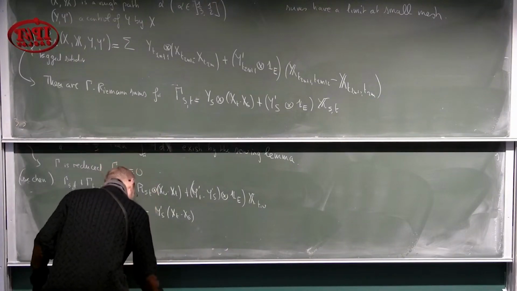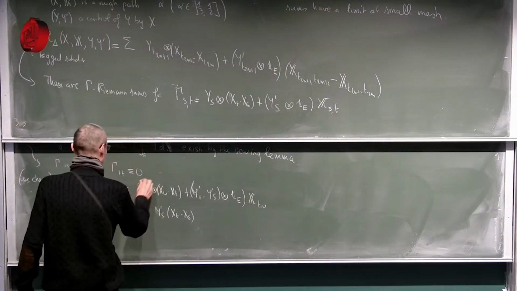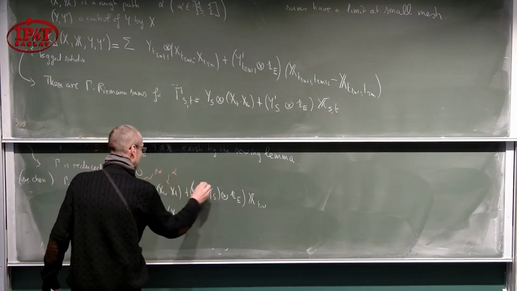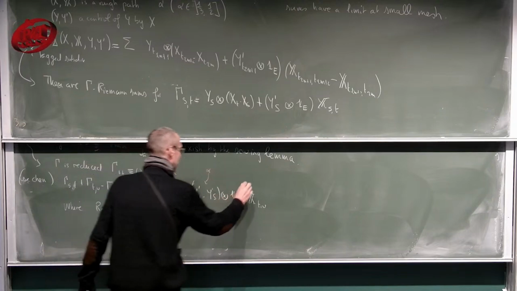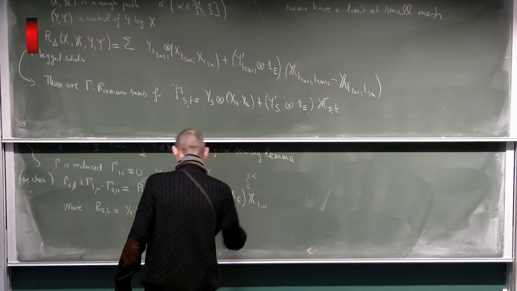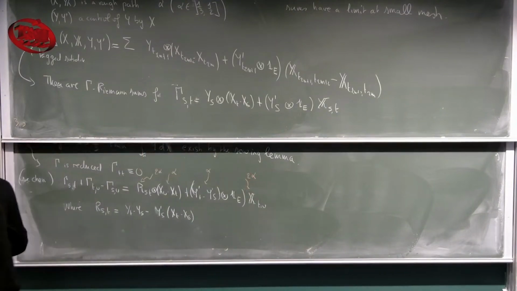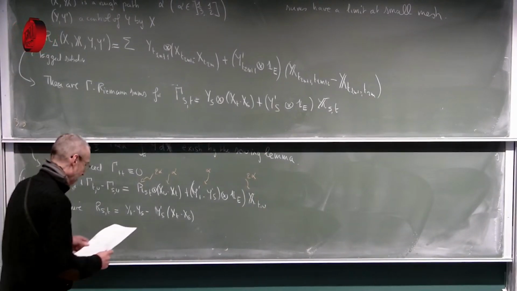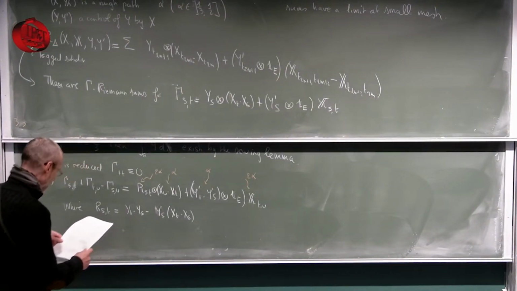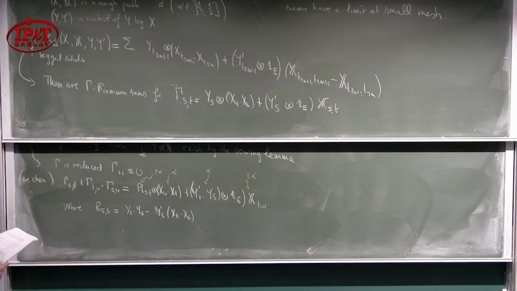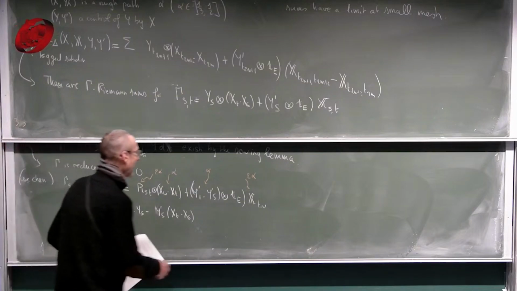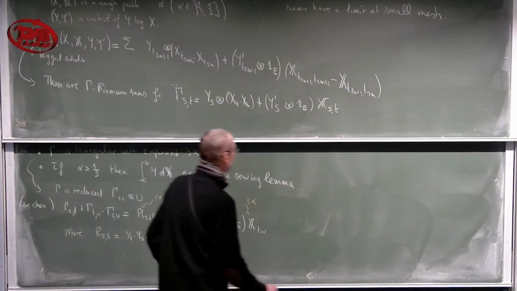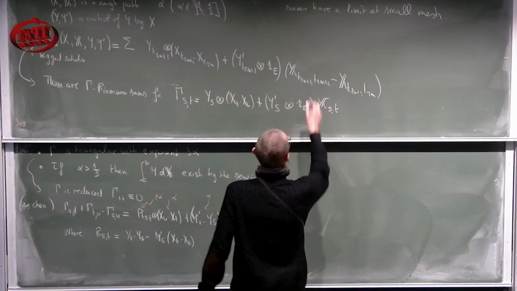So if I just put things here, this is 2 alpha, this is alpha, this is alpha, this is 2 alpha.